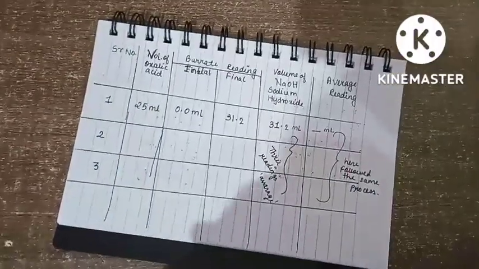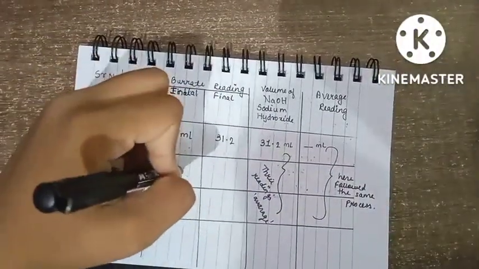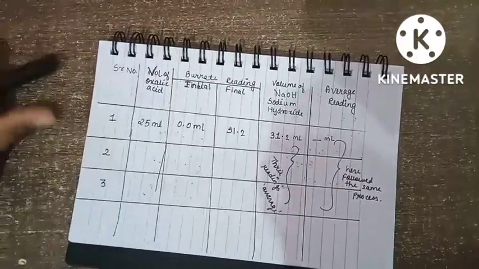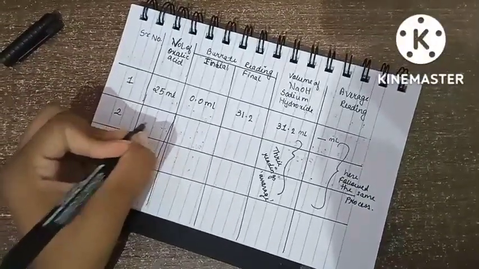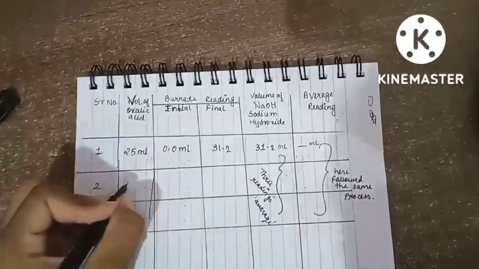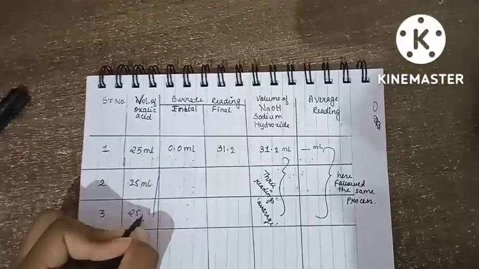And if we perform this same titration 3 times, then there will be 3 readings. Again we will use 25 ml, again 25 ml, 25 ml.